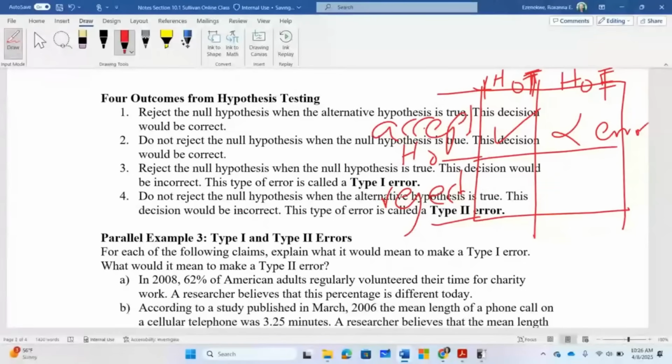This is an error called type 1 error or alpha error. Accept H0 when it is false, type 2 error or beta error. If you reject H0 when it is false, that is a correct decision.